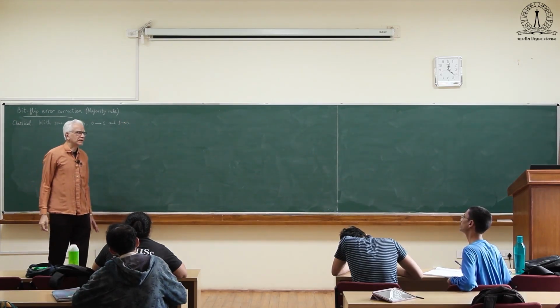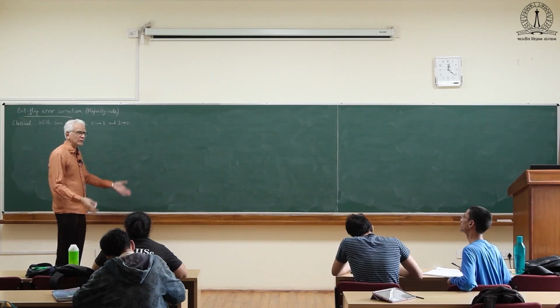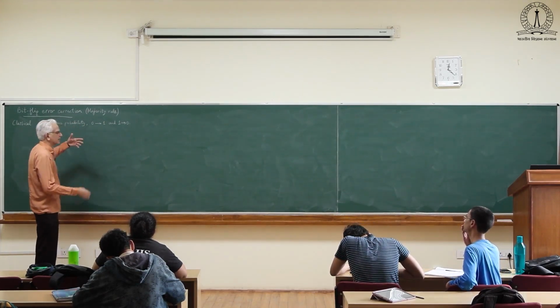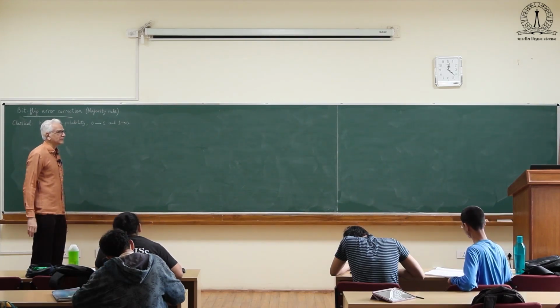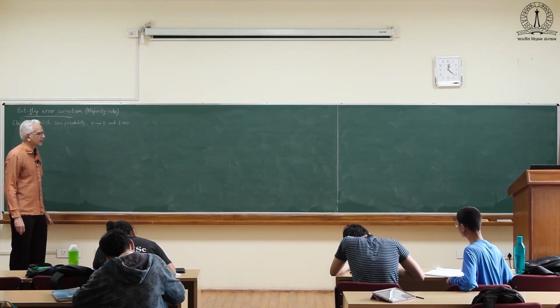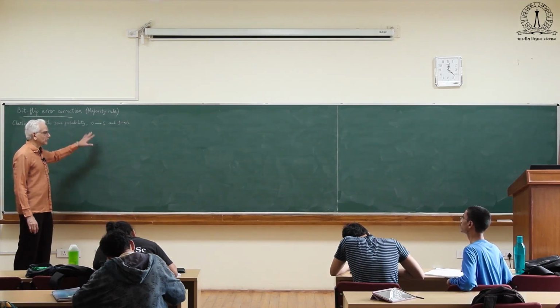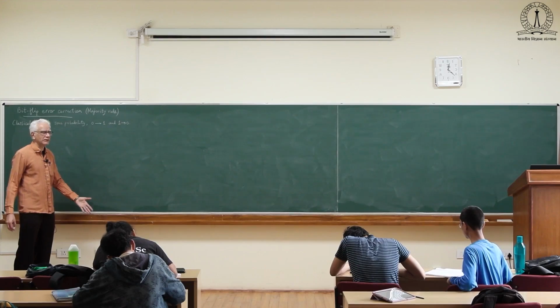In the classical Boolean language, this is the only thing that can happen as an error, and the probability is something which we will assume that it is bounded in a certain sense. The code actually tells you what that bound should be.